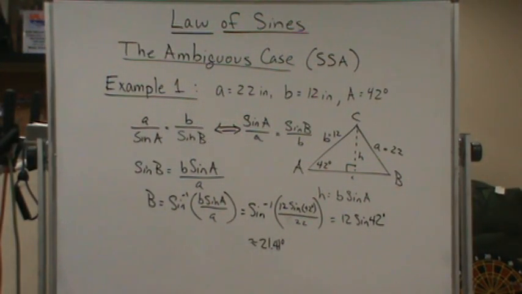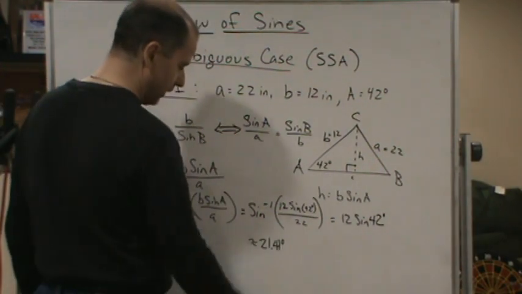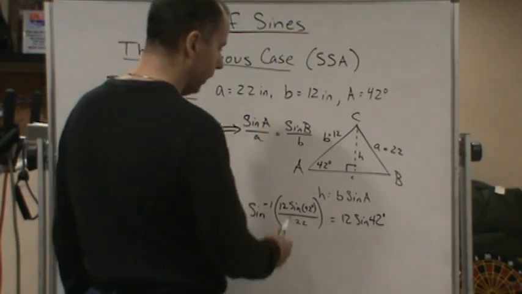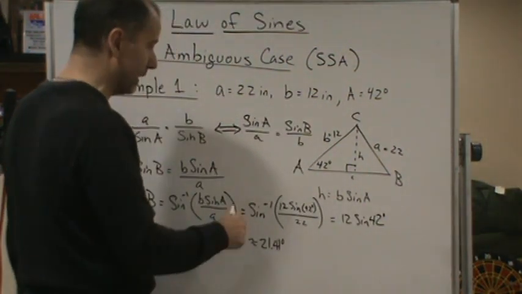Okay, now here's where we're going to have to estimate, because there's no way of getting around using the 41.41, because we're going to have to estimate what C is.